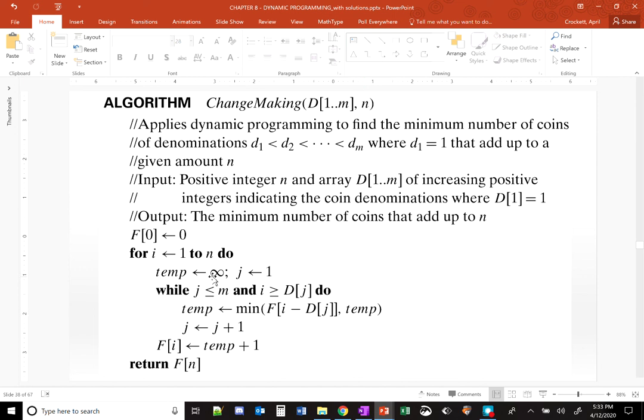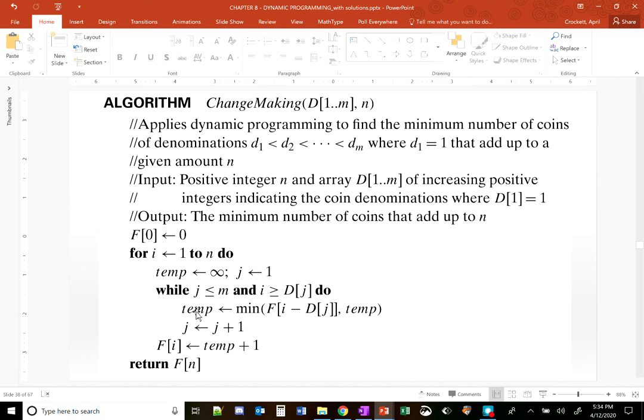And so temp begins at infinity, so the first time it's definitely going to be this very first value that gets placed inside temp. Then we increment j. So the while loop is what allows us to only include the array elements for which the coin denomination is smaller than what i is.